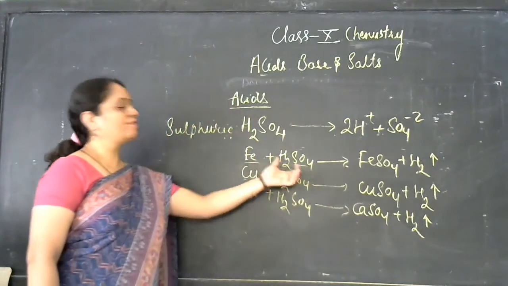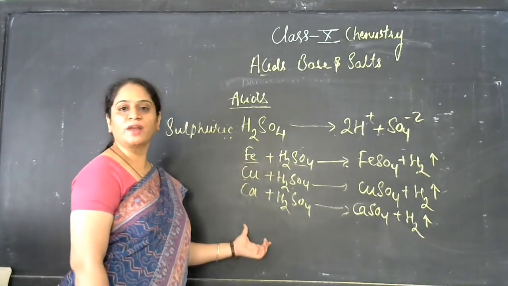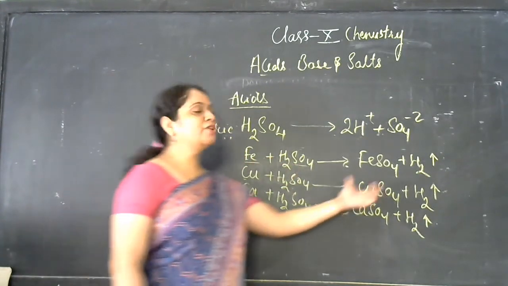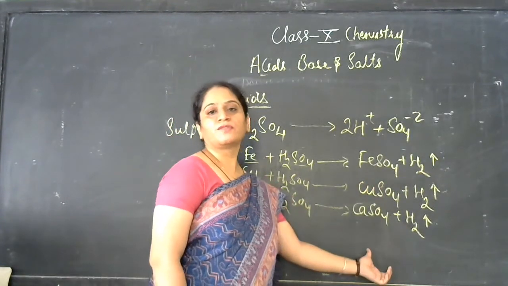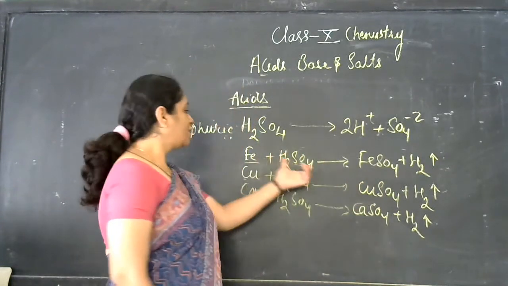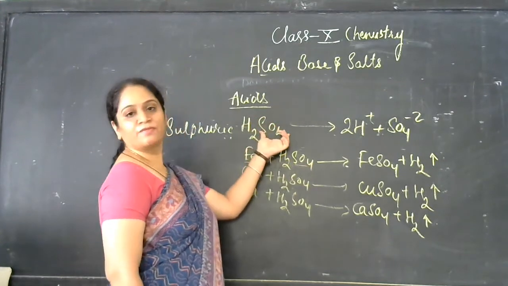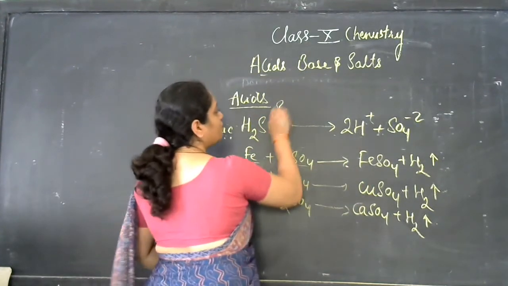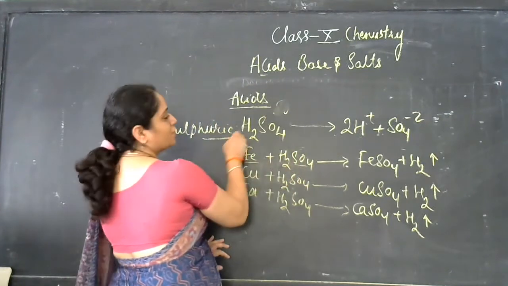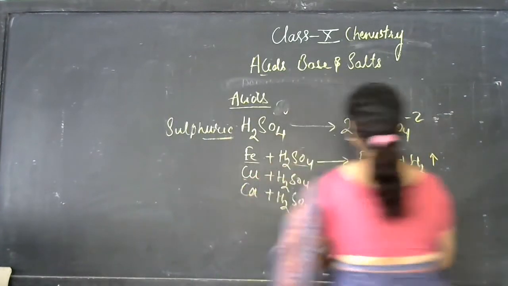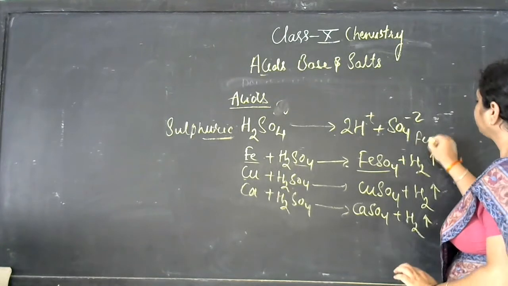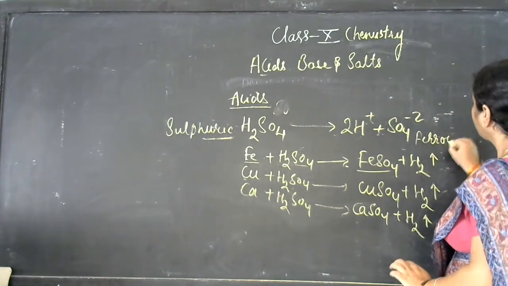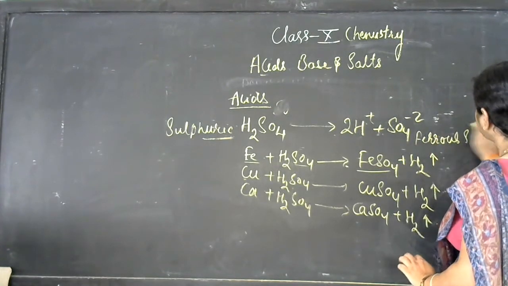So generally, whenever acids react with any metals, they can immediately convert them into the corresponding sulfate forms, because we are taking sulfuric acid. Sulfuric acid with iron gets converted into ferrous sulfate.